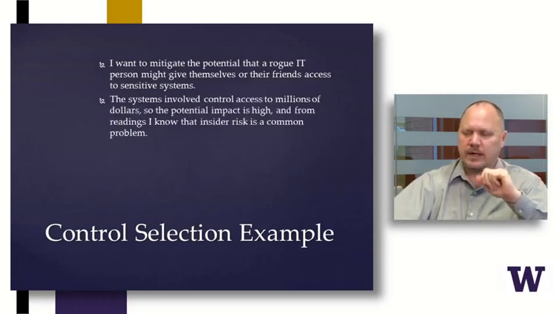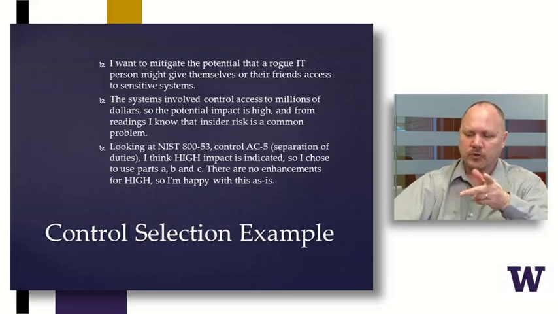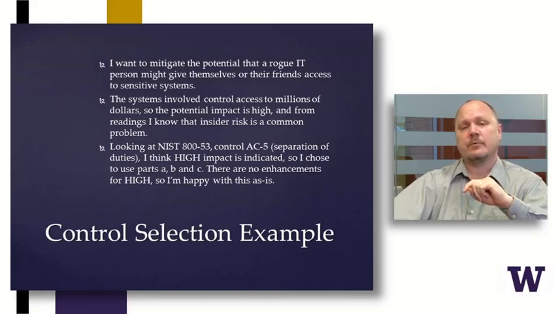So, access to millions of dollars, the potential impact is high, and actually if you read through analysis by the Federal Bureau of Investigation and others, insider risk is common, in many ways more common than most other forms of risk. So, looking at NIST 800-53, there's a control in there under access control. It's called AC5, which talks about separation of duties.